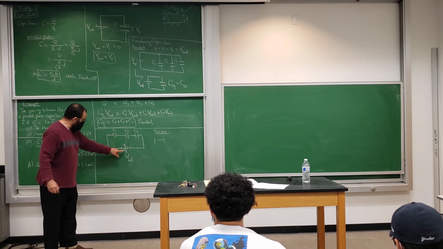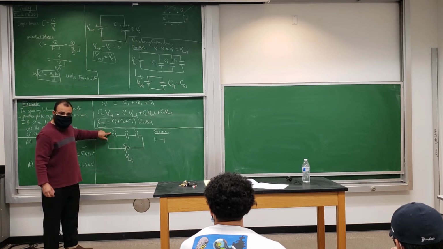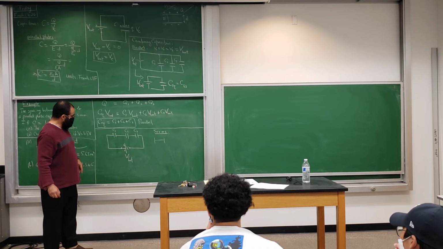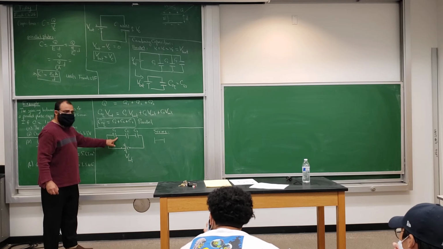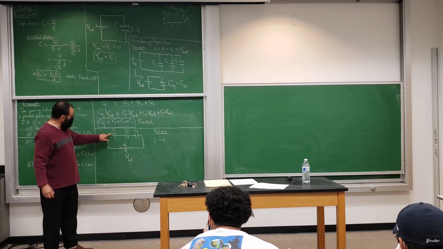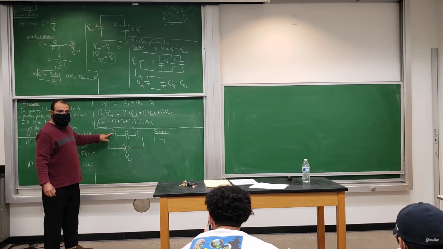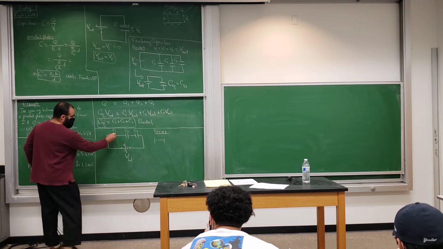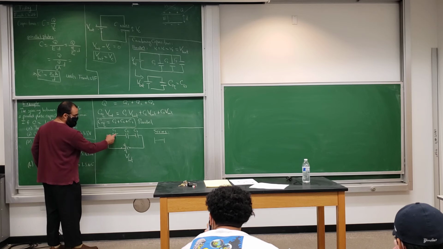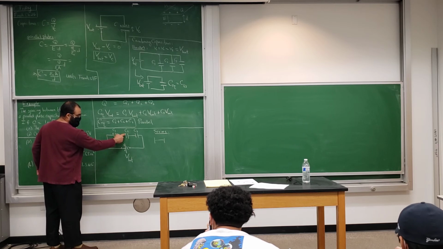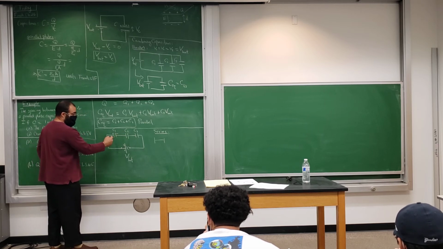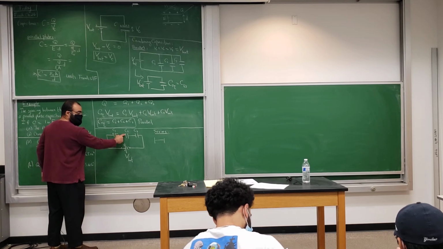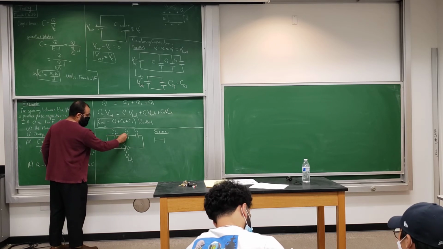See, this one gets positive because it's connected to the battery, so actual charge will flow onto it. So how about this one? How is it going to be charged? Well, if you have a plus here, what does a plus do? It attracts a minus, right? Where does this minus come from? It has to come from within, right? If a minus is attracted here, what happens to here? It becomes net plus.